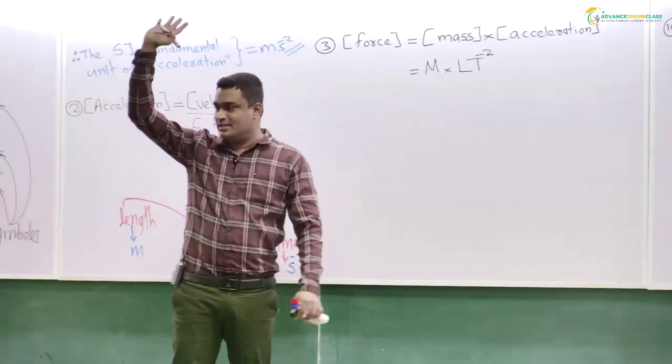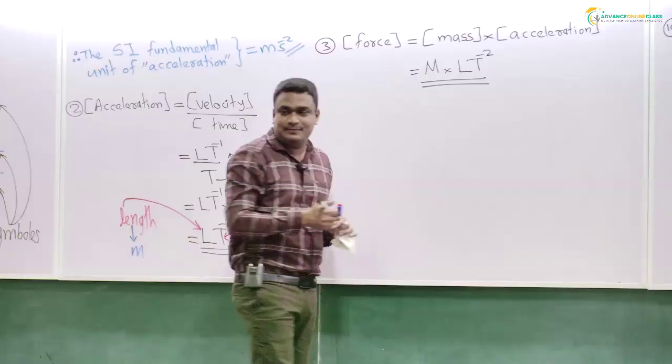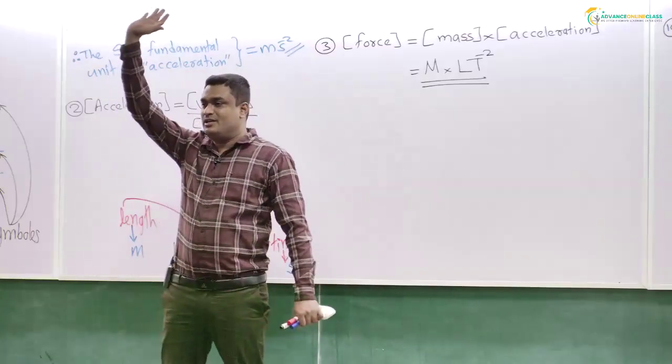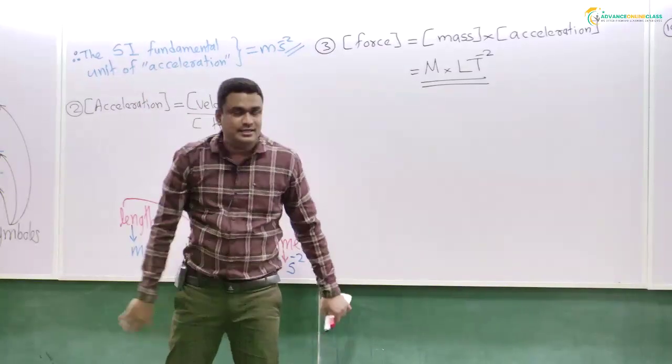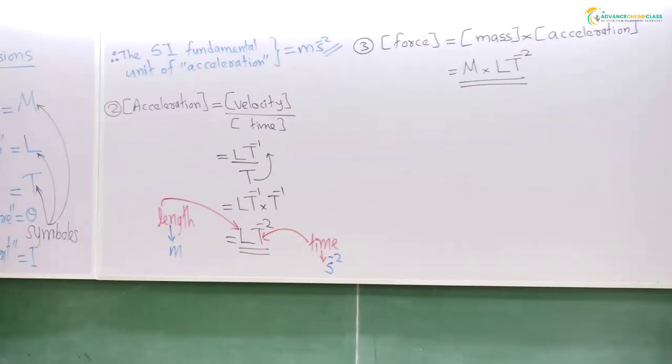Who got this answer? Right. Now let's do the same thing. Who found the fundamental units also by using this? Others also try. Try to find the fundamental units of force by using this. Have you found? Wow.